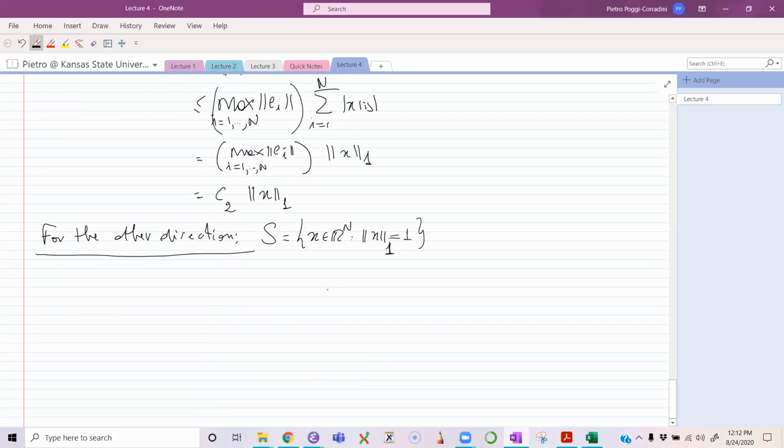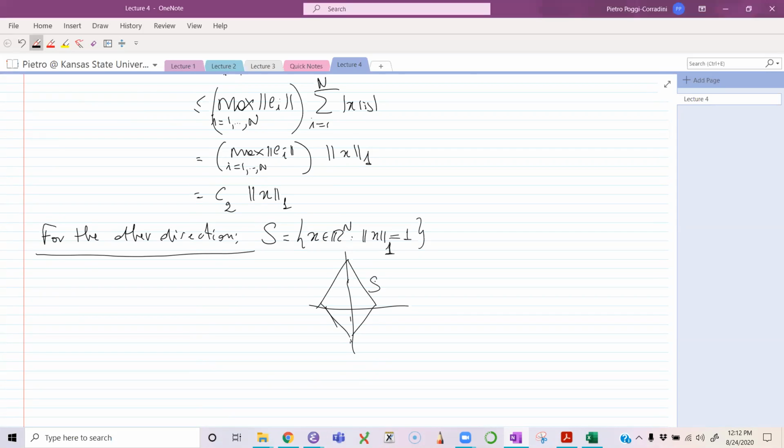And we remember from a few lectures ago that S kind of looks like that, at least in R2. In higher dimension it's a little more complicated, but it's some kind of prism.